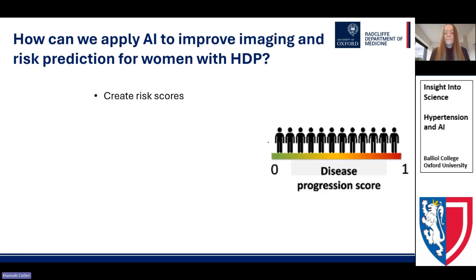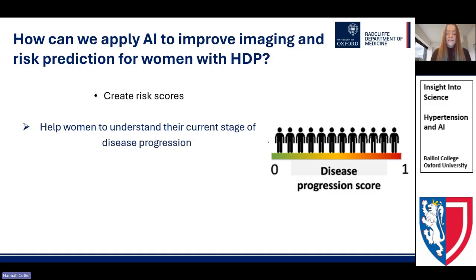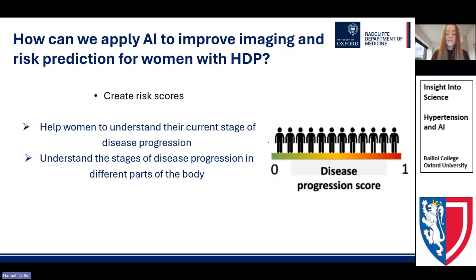And finally, we might be able to create risk scores to help the women understand their current stage of disease progression and the stages of disease in different parts of the body. It might be that their heart is more diseased than their kidney, and so they can have a score for each part of the body. This would also help aid interpretation and communication to patients.